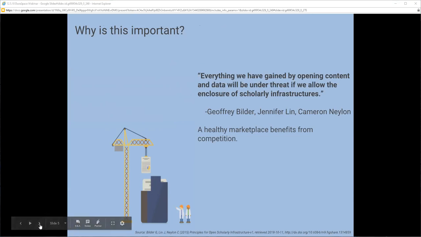These include services for publishing papers, peer-reviewing papers, but also things like repositories, search engines, reference managers, and analytics. Several players are attempting to build these scholarly infrastructures, but they're doing it in a closed, proprietary way that locks in researchers or universities to their ecosystem and doesn't make it easy to integrate between systems. We think this is going to make competition more difficult, stifle innovation, and drive up cost.